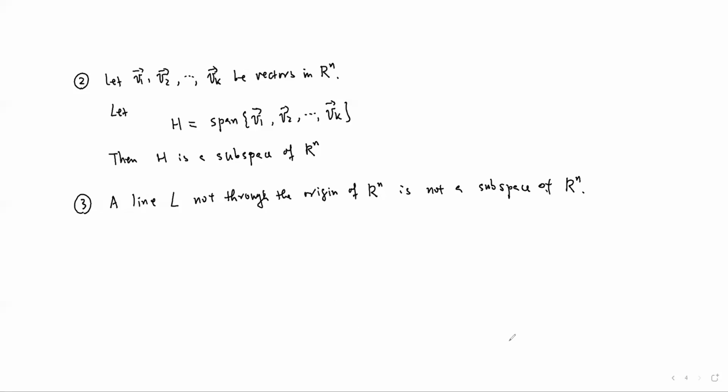Say, suppose this space is R^n. Origin is here. Origin is this point, all the entries are zeros. Okay, now a line not passing the origin. Yeah, this L. This time, this L is not a subspace of R^n.